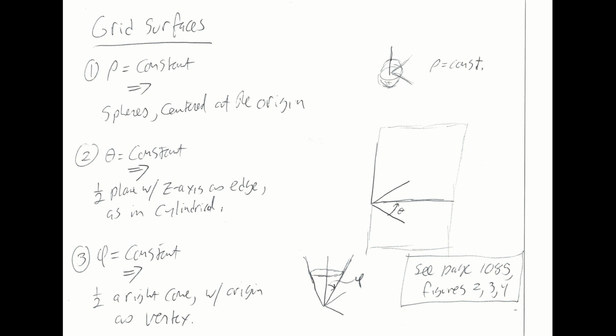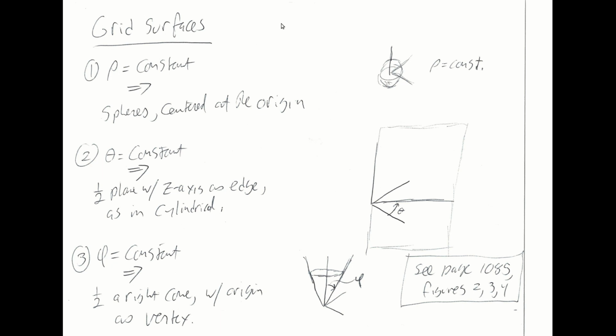So if we set rho equal to a constant, you are just going to get spheres centered at the origin. If I take rho to be 2, for instance, I'm saying I want all points that are a distance 2 from the origin, and that is going to be the sphere of radius 2 centered at the origin. So I've done my best to draw a sphere here centered at the origin.